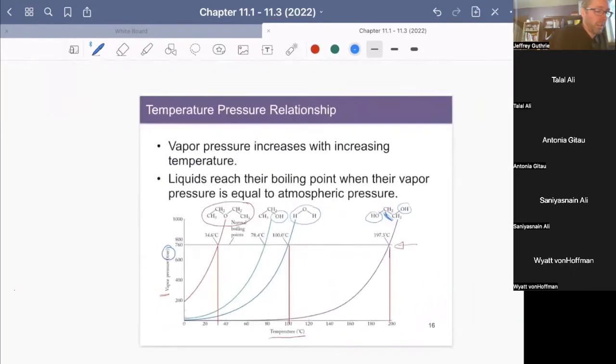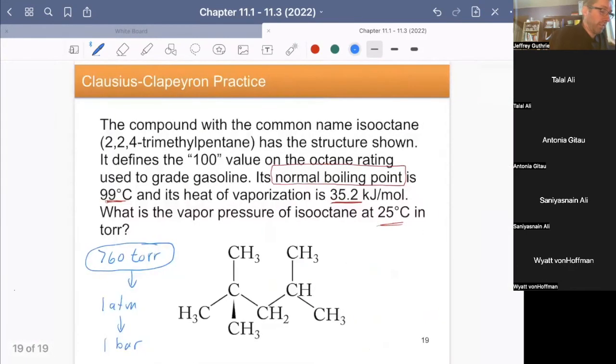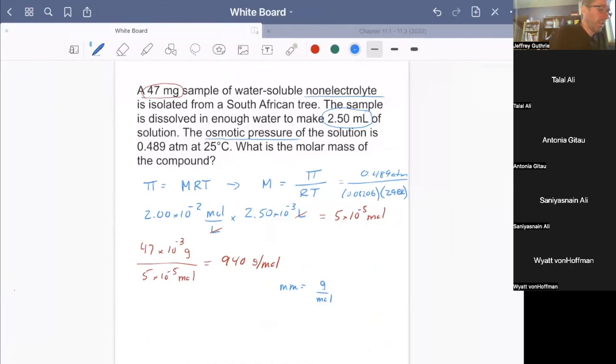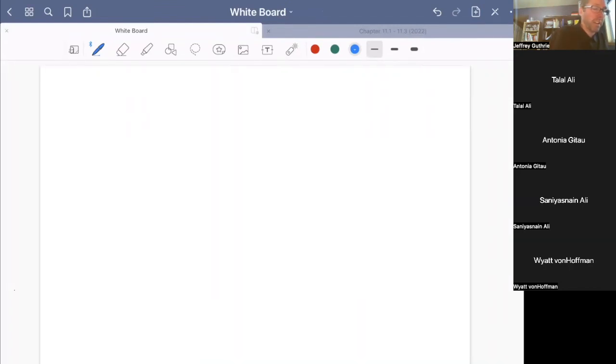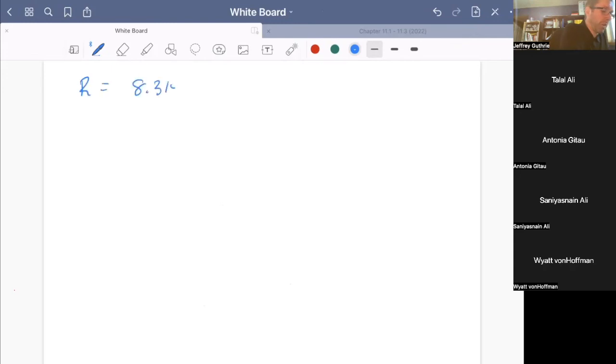Okay, so I'll just quickly do this calculation as an example of how we might do this. So we have pressure, we have 2 temperatures, we have our delta H. The first thing we probably have to do is write the R down first, the constant we're going to use, 8.314 joules per mole Kelvin.